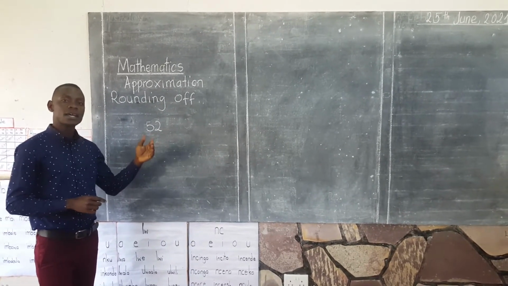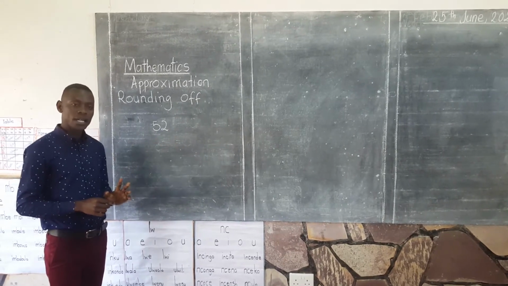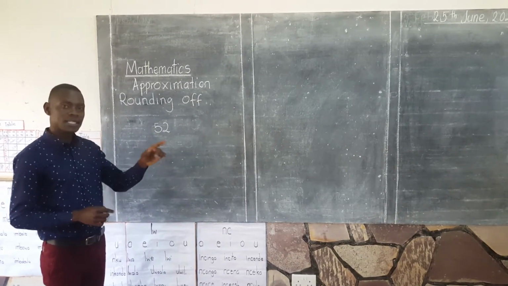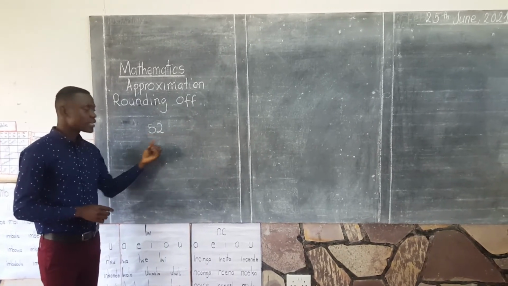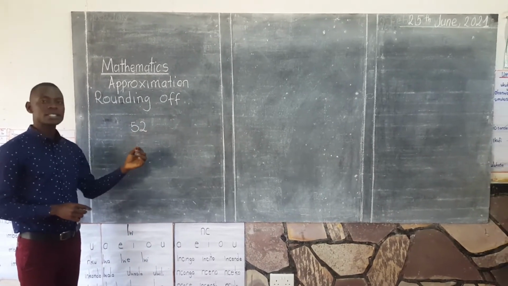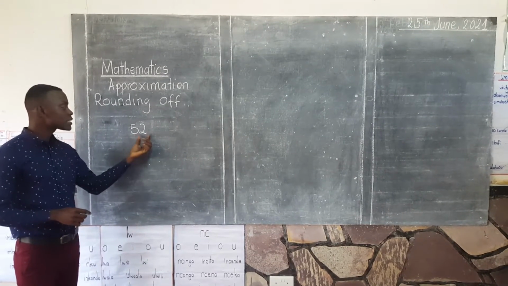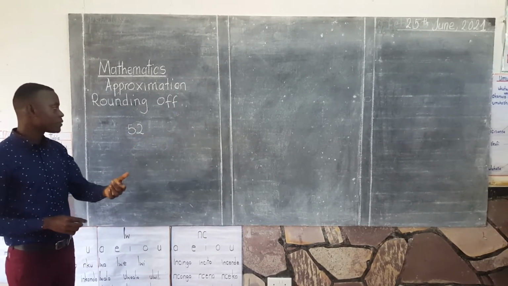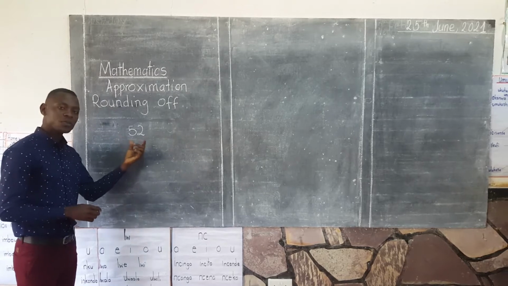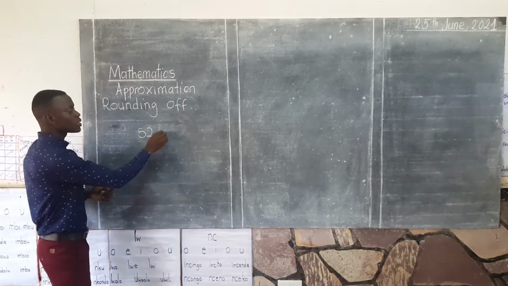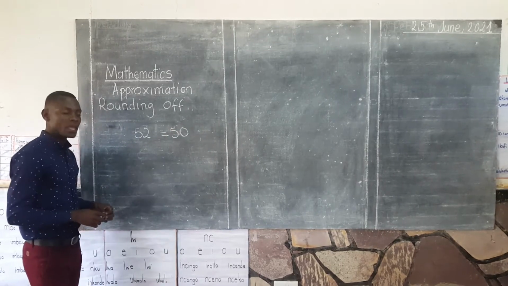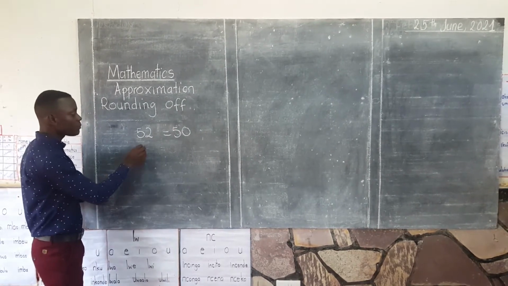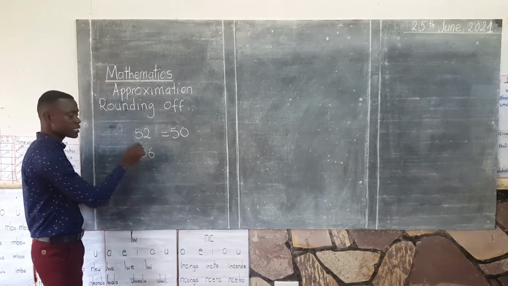If it is 5 or more up to 9, or if it is less than 5, we said you write a 0. Here the last number is 2, which is less than 5. Hence, rounding off 52 to the nearest tens gives 50.